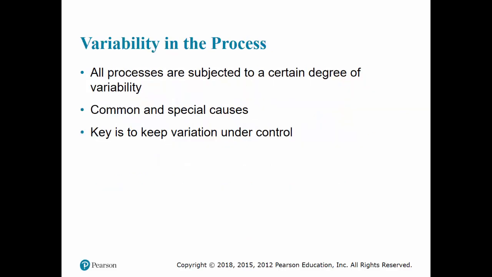And that is based on the concept that the process is inherently variable, in the sense that any production process is going to have some kind of variability. And that is unavoidable.